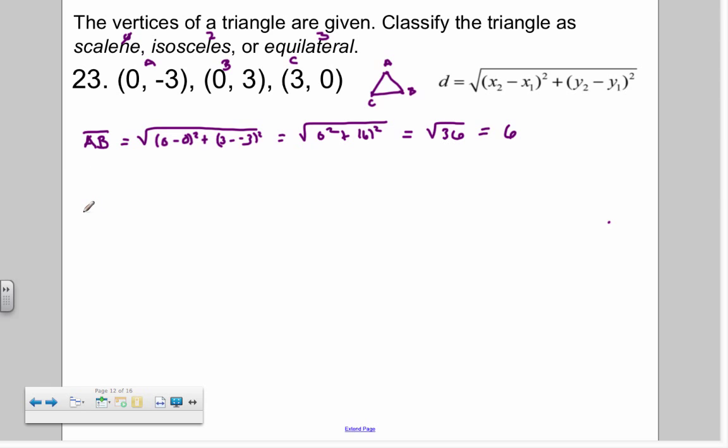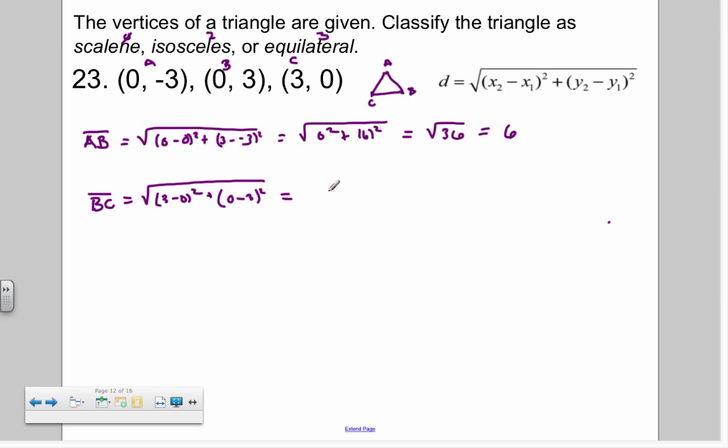Let's go ahead and try the second side BC. So if I'm going to start with C being my x2, y2, I'm going to have 3 minus 0 squared for my x2 minus x1 squared, plus y2, which is 0, minus 3 squared.